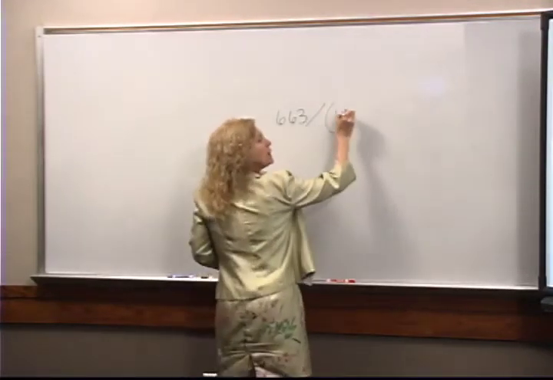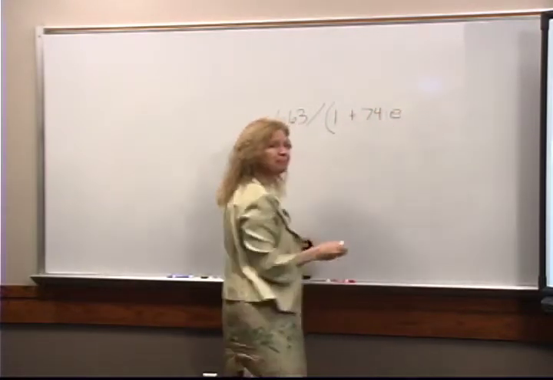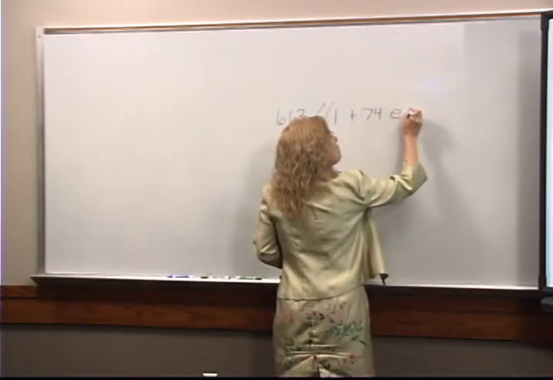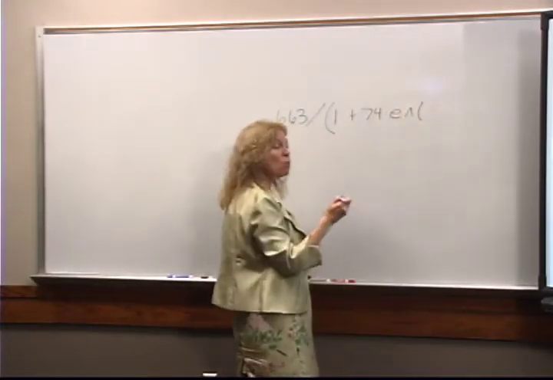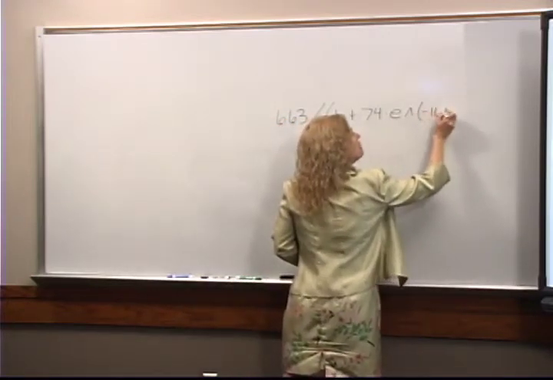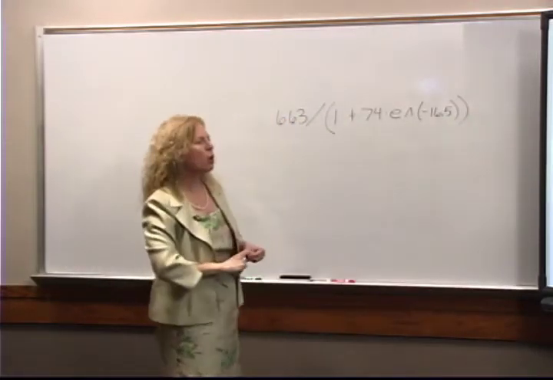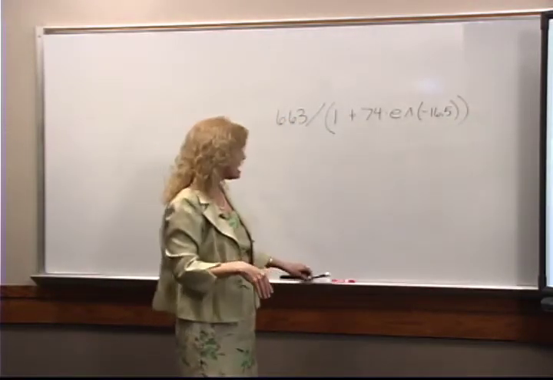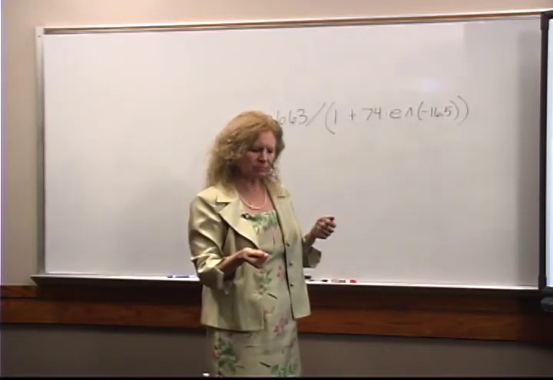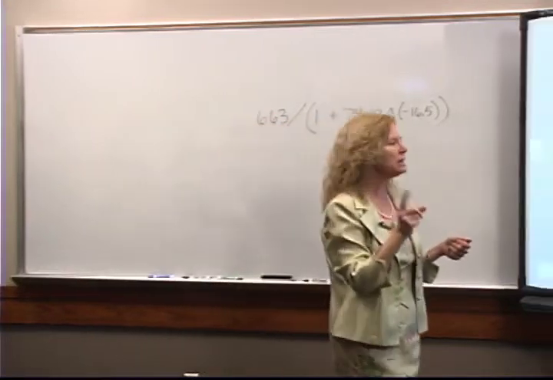Put 1 plus 74 times E. Now, depending on your calculator, it may open up a parenthesis for you when you select that E, negative 16.5, close and close. So make sure you enter it all in that particular way. And students will do that and they get the answer of 663 and they're like, well, that's kind of odd. But no, it really isn't.